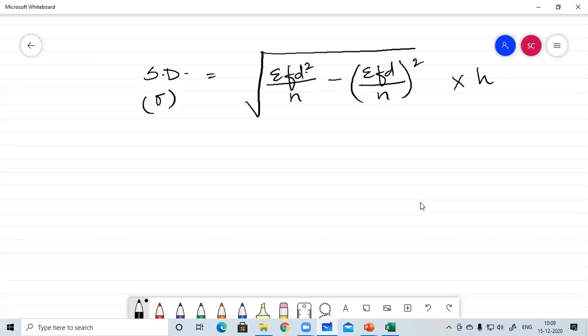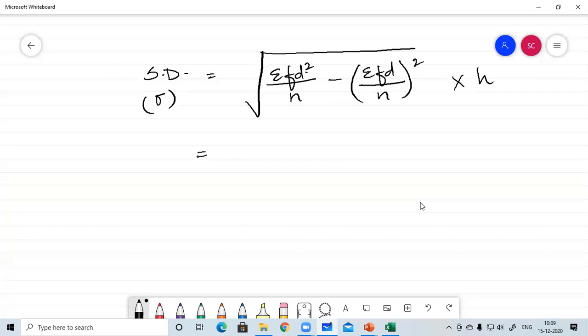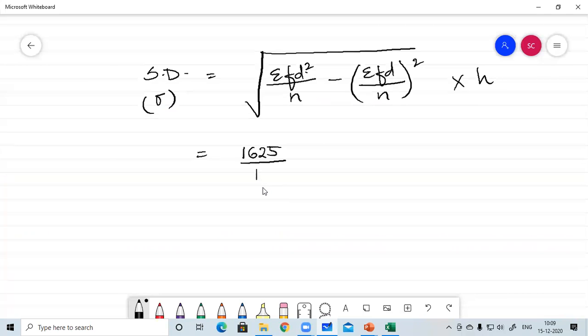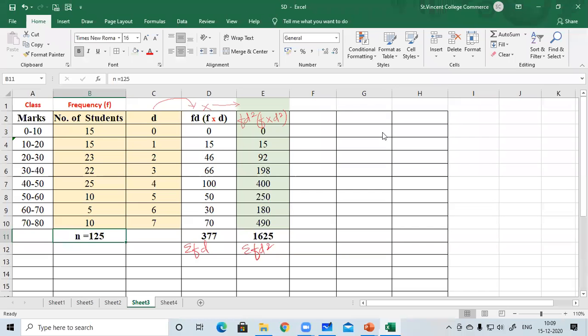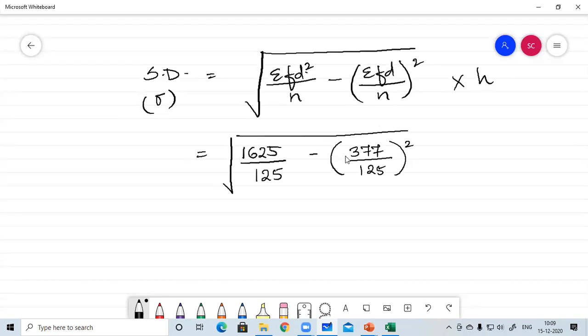Then we move on to the formula. Sigma FD square, we've got it as 1625, divided by N, which is 125, minus sigma FD, which is 377, divided by 125, raised to the power of 2, under root, into H. Now what is H?